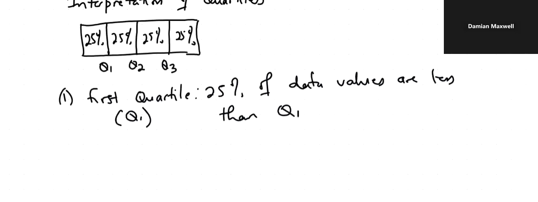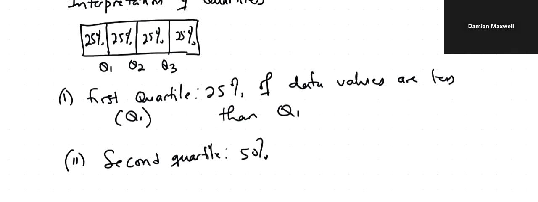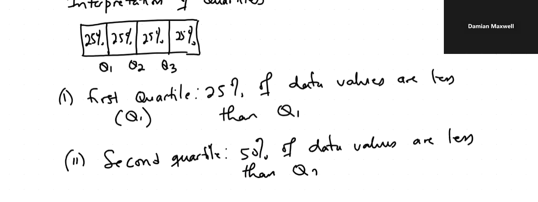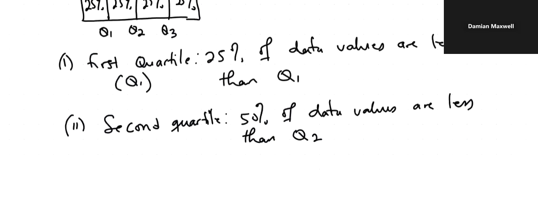Now, Q2 is similar. For the second quartile, we know that 50% of data values are less than Q2, because that's the median. It's the middle value. Your Q2 is the same thing as your median.